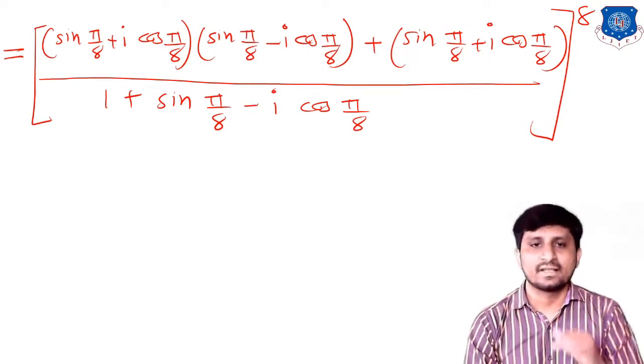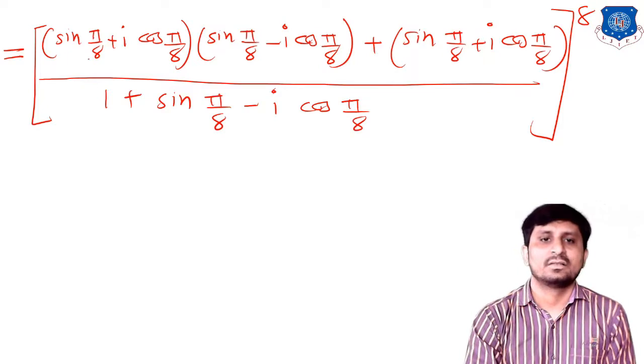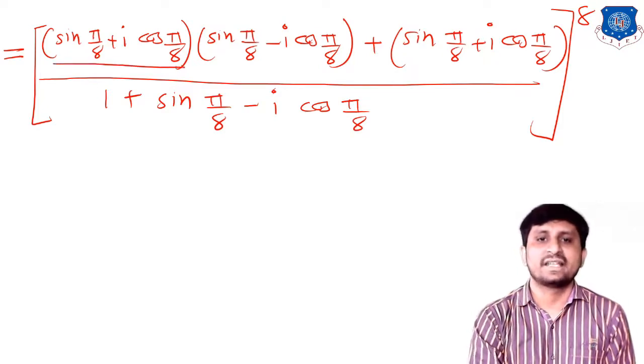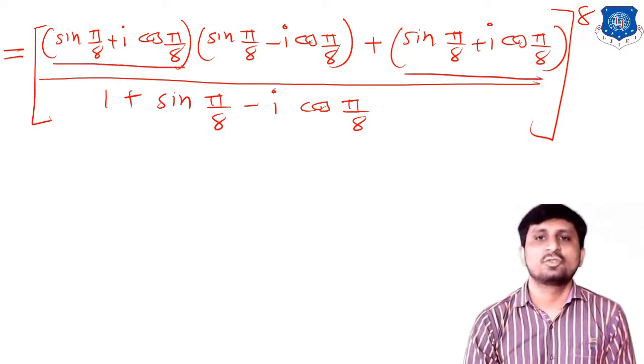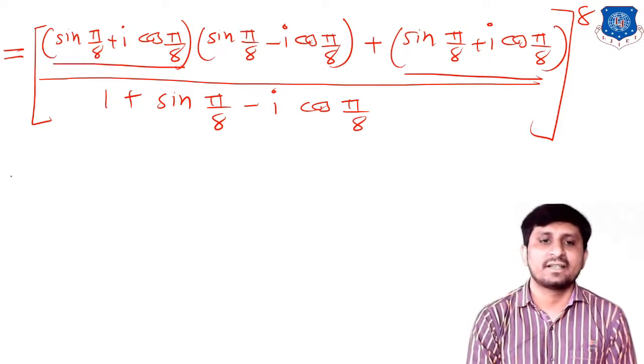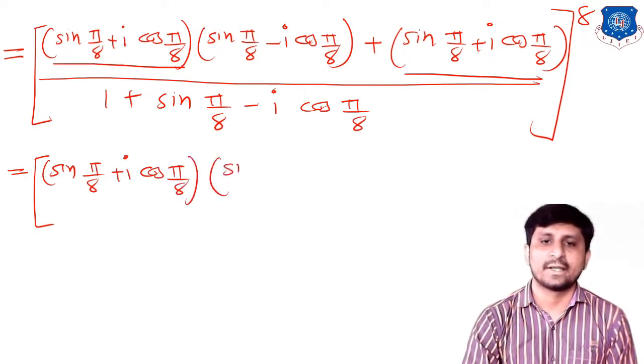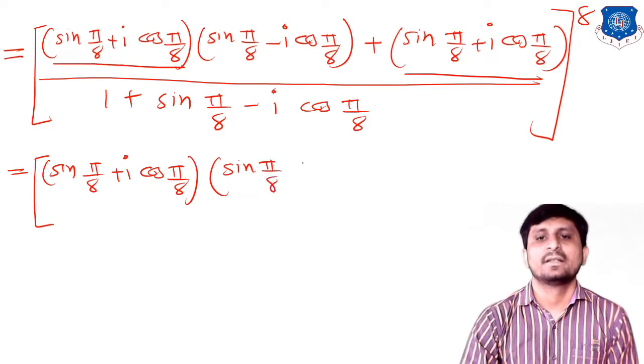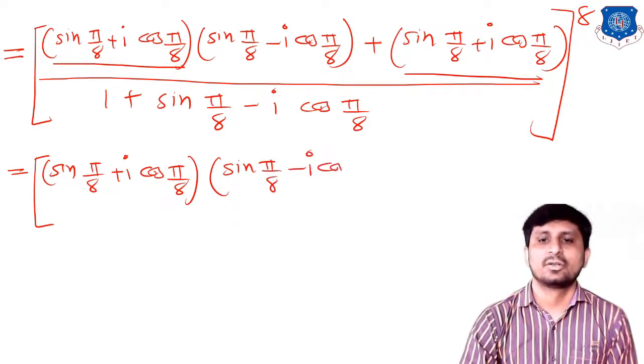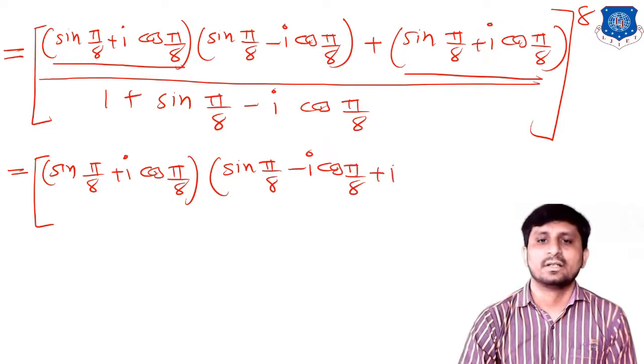Now from these two terms in the numerator, can I take a common term? So I can take sin pi by 8 plus i cos pi by 8 common. Now in the bracket I have sin pi by 8 minus i cos pi by 8, and plus 1. Clear?